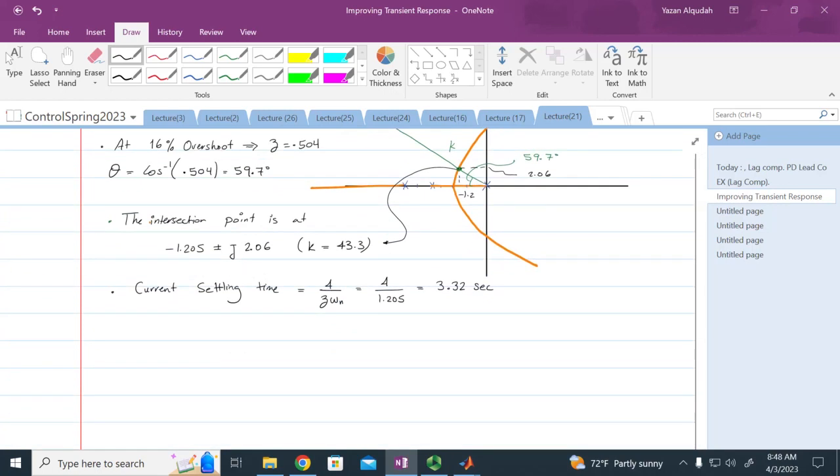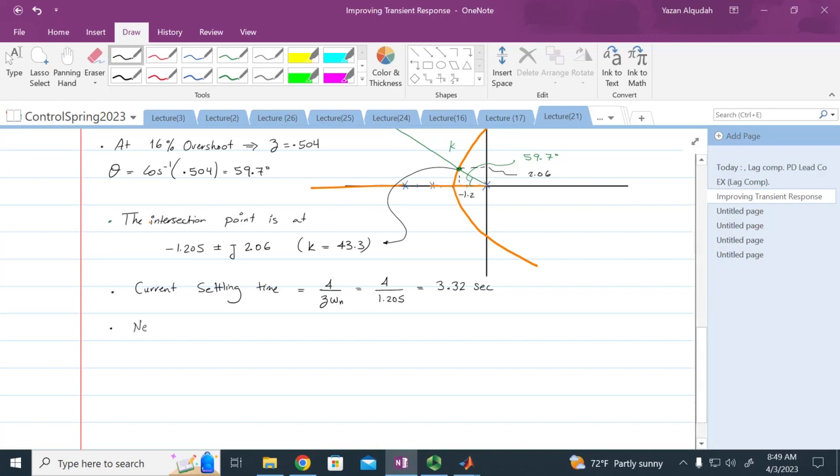Of course, when we are doing all this, what is the implicit assumption we're making? We're assuming this is a second order system or behaving like a second order system. All this applies to a second order system. Okay, so what is it we're going to do?